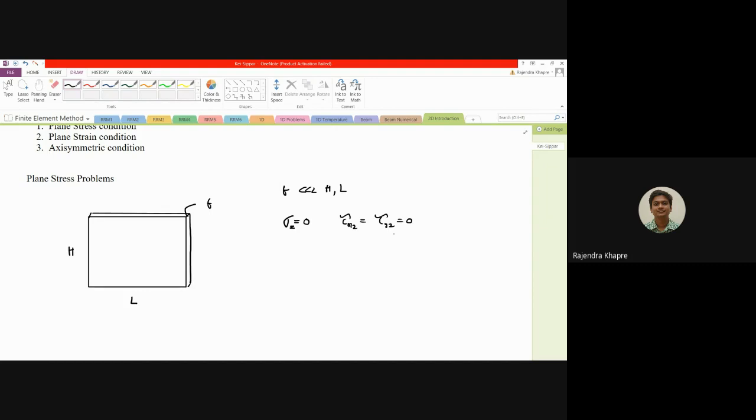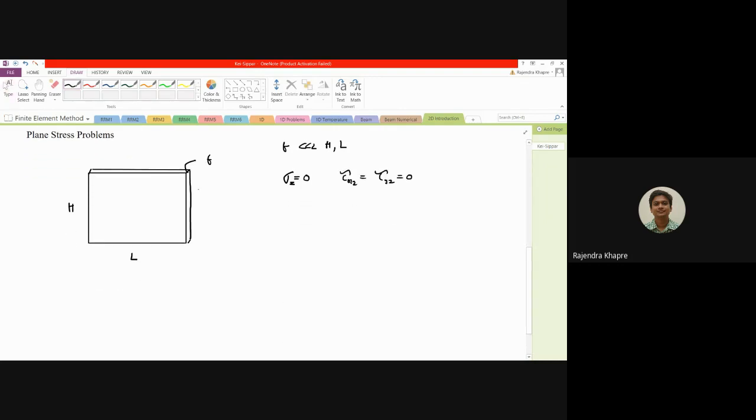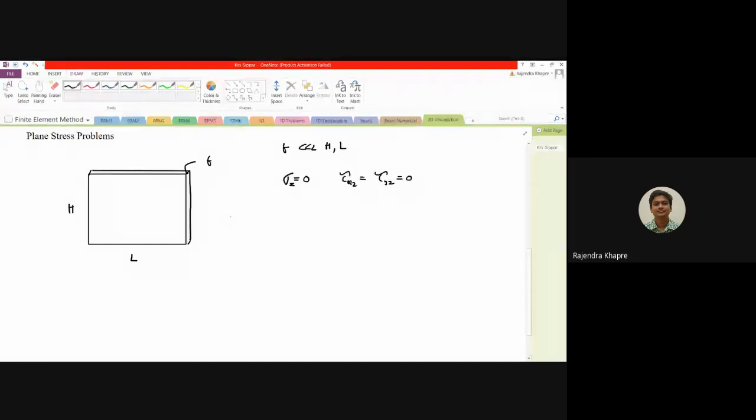If you remember in the theory of elasticity, you might have studied the stress tensor, where you have a 3D box having different kinds of stresses, sigma x, sigma y, sigma z, and shear stresses also, that is tau xy, tau yz, and tau zx. If you refer to those expressions, you have standard equations ready from the basic principles of strength of material.